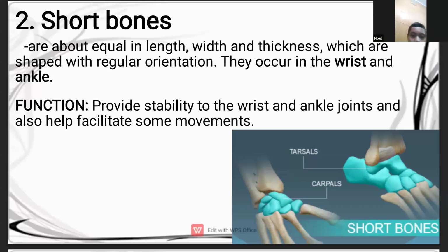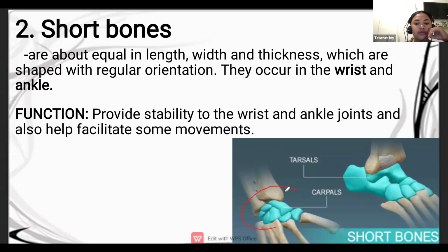Yes, miss. All right. Noel, based on our previous class and based on the picture that you see, these two bones on the screen, the tarsals and the carpals, are examples of a short bone. Can you give me the difference between these two types of bone?